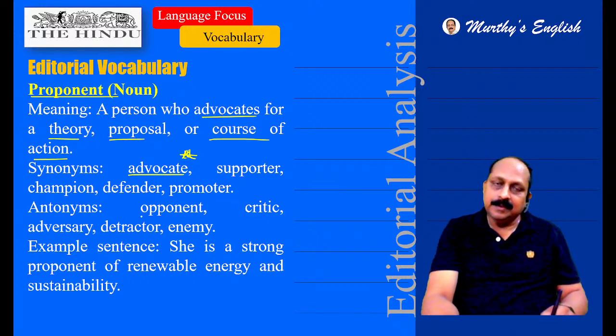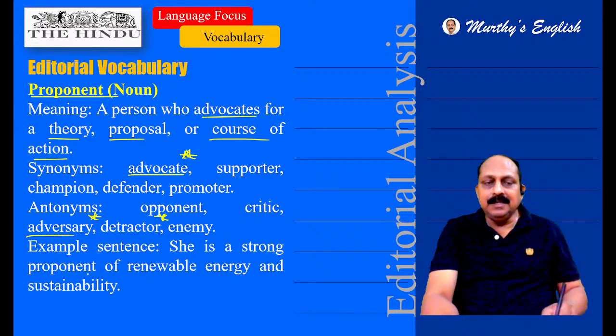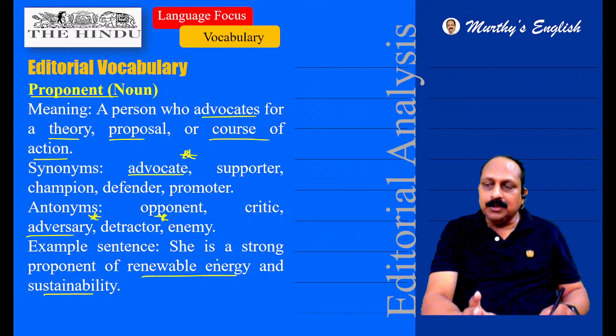Veto power. Then it becomes adjective. Antonyms: opponent, critic, adversary. We have already got this, important. Detractor, new word, important. Enemy. She is a strong proponent of renewable energy and sustainability. What does it mean? She supports or advocates renewable energy and sustainable practices.